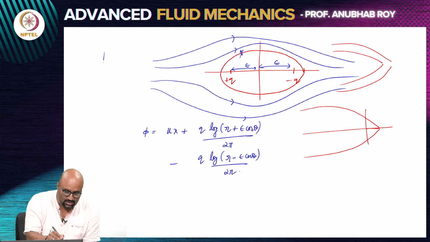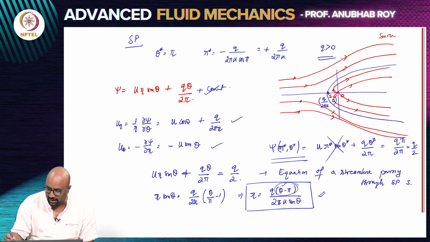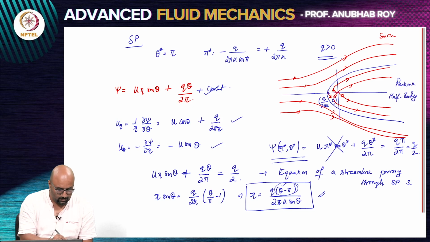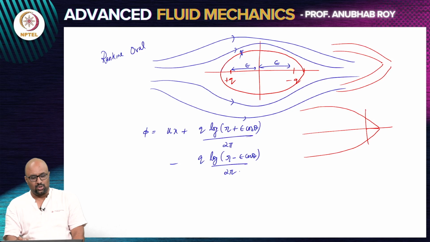So, this one is known as a Rankine oval, and the previous thing that we have done, which is not a complete body, is known as a half body. So, the Rankine oval is a way for us to understand how to construct flow to satisfy the no penetration boundary condition on a certain boundary.